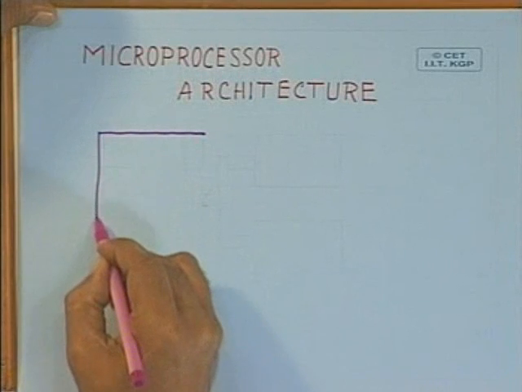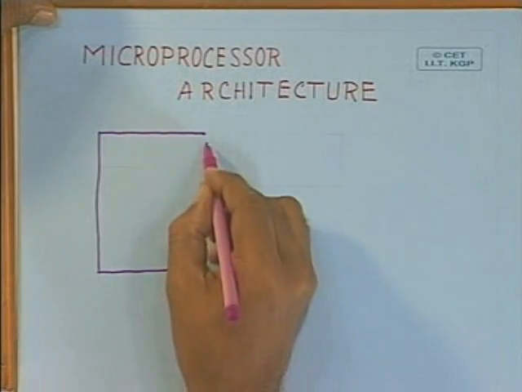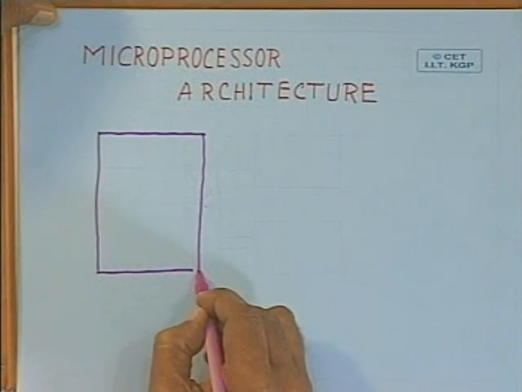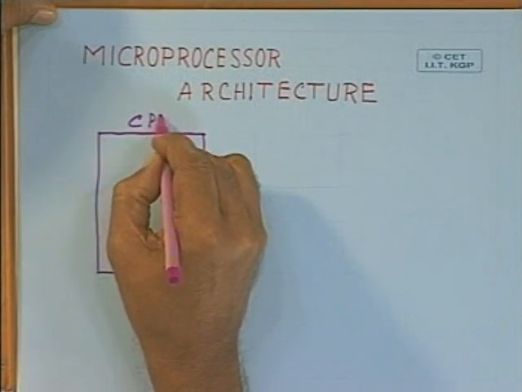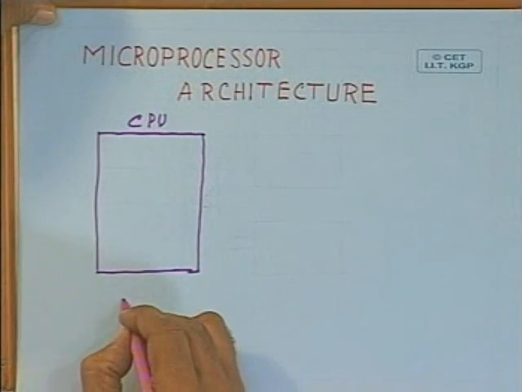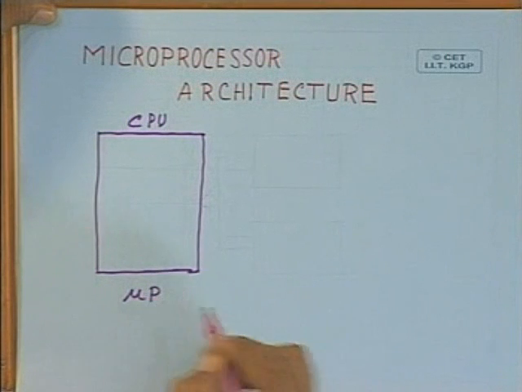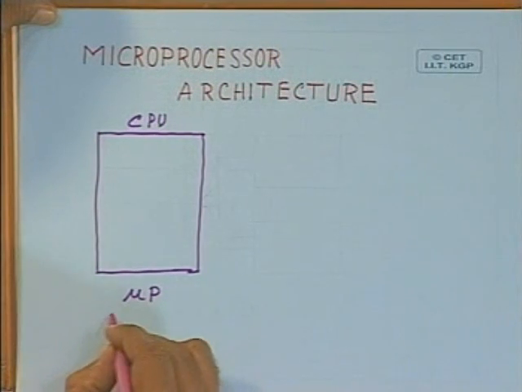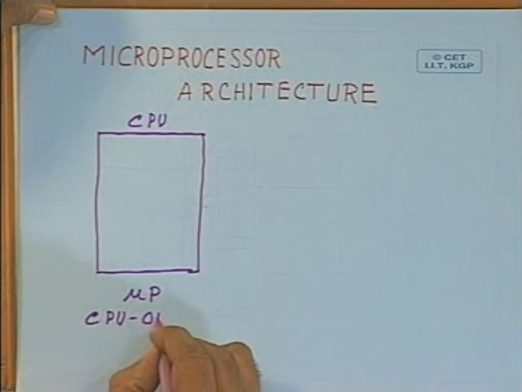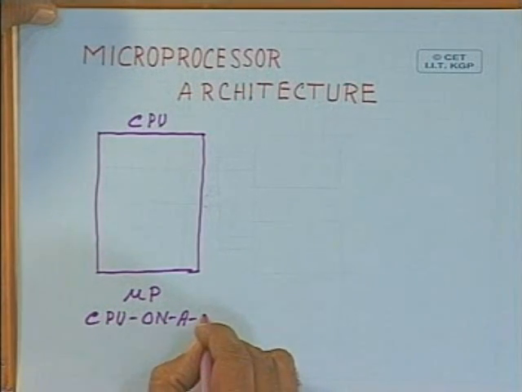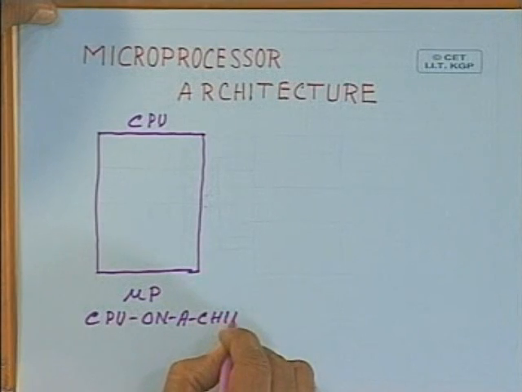Only difference is this CPU, which I have shown in the previous diagram, is replaced by a microprocessor, because a microprocessor is nothing but a CPU on a chip, as I have explained in detail in the last class.